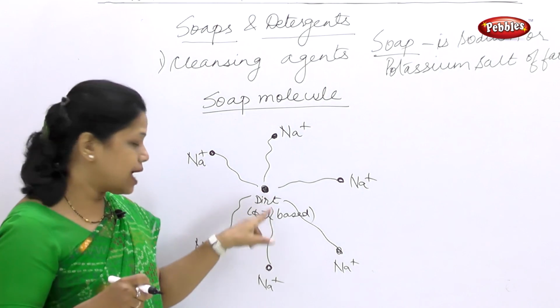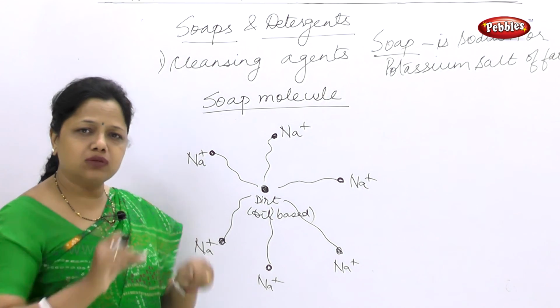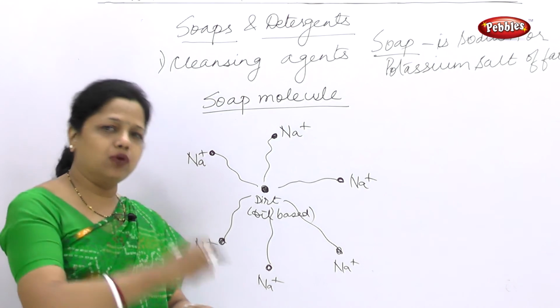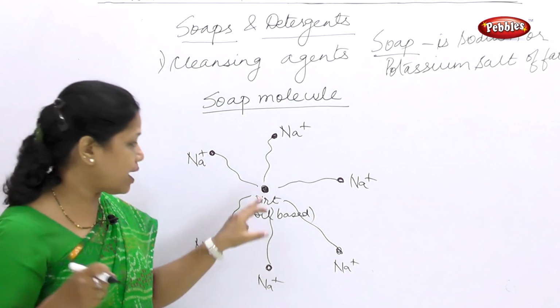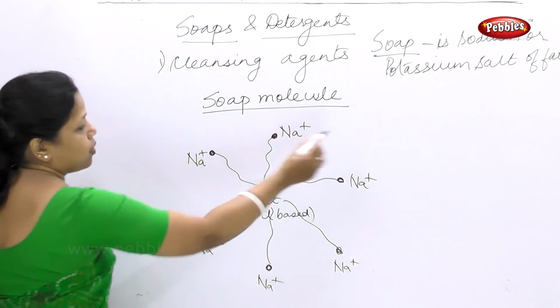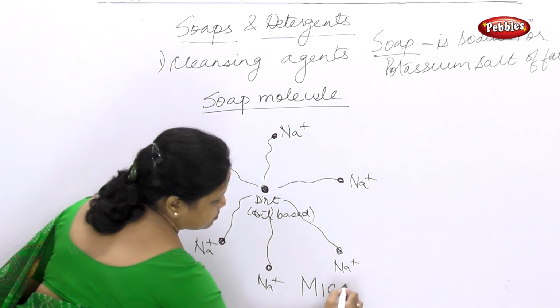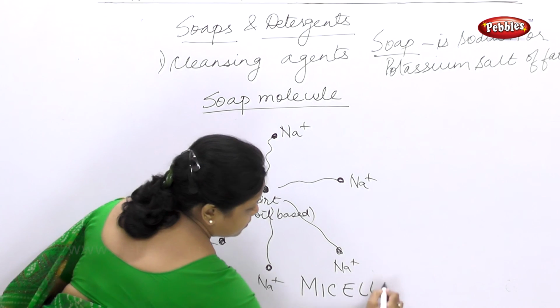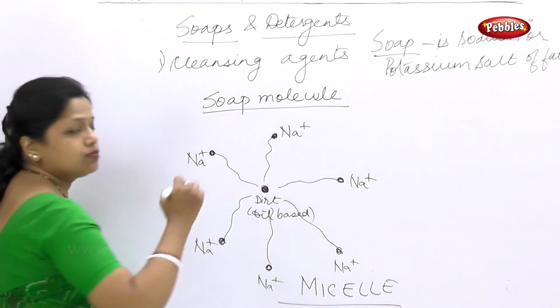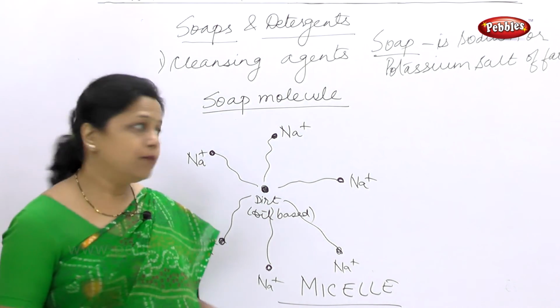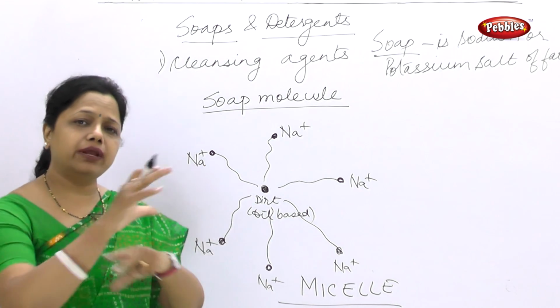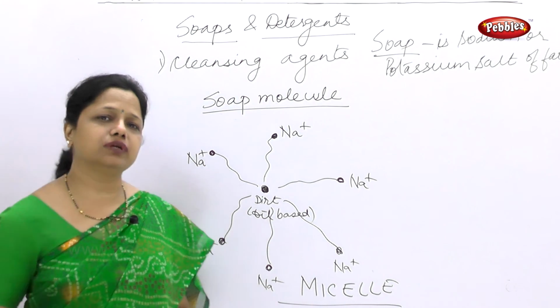The dirt has gone into the small pores of the cloth, and through those pores it is snatching it away, trying to remove it. And this formation is called a micelle. Micelle formation is nothing but the soap molecules surrounding the dirt and trying to remove the dirt.